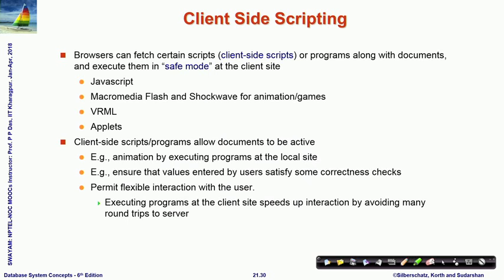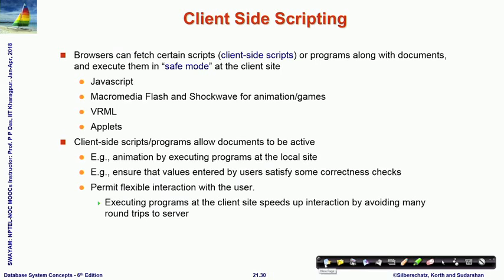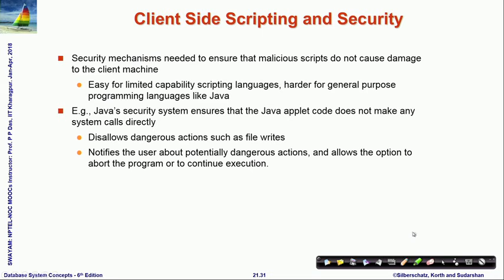And it is very important, because if you could not do that, then you would have sent that faulty month number 14 to the backend server and got an error, and you would have come back and then had to correct it, but you can do this locally at the browser itself.